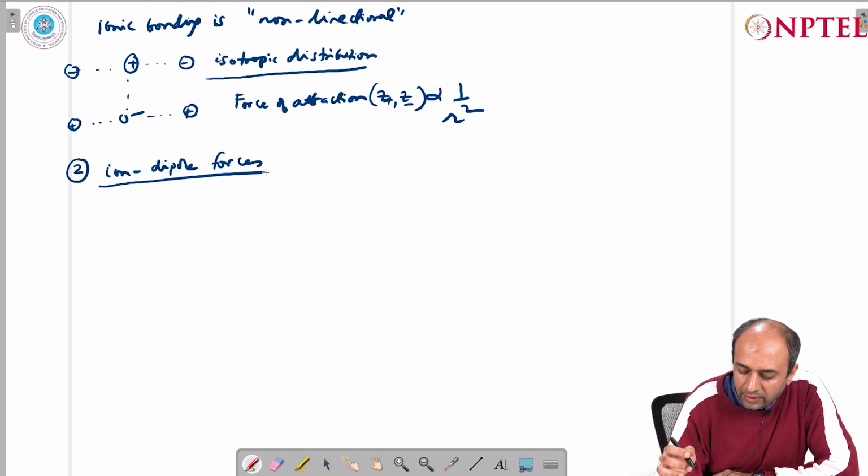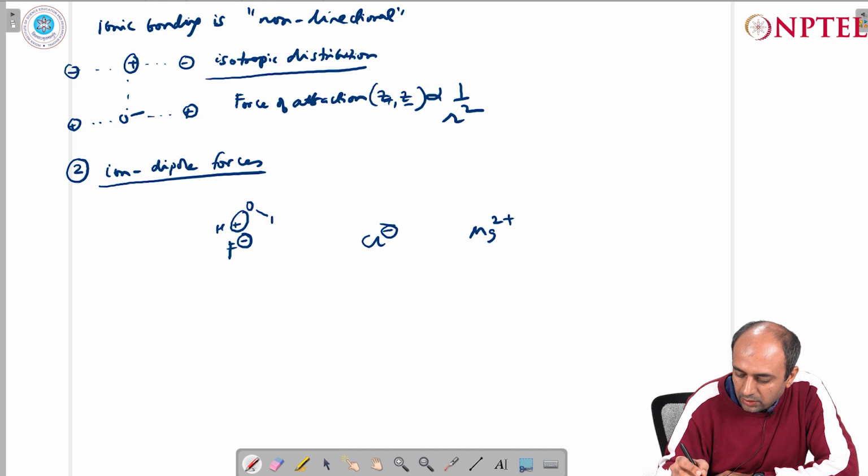Now this is a very interesting array of chemical forces where you have an anion, for example, a fluoride ion, or a chloride ion, or a magnesium 2 plus cation, and this is extensively solvated, for example, by water molecules. Say this is hydrogen, and then this is oxygen, and this is hydrogen, and then you have again another water.